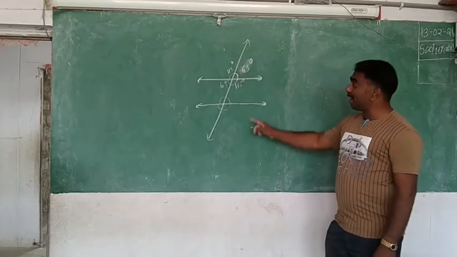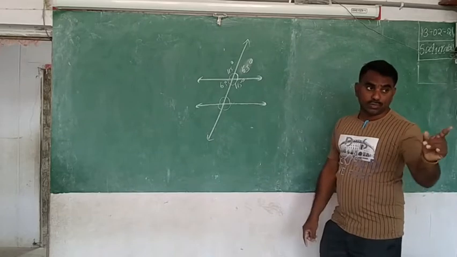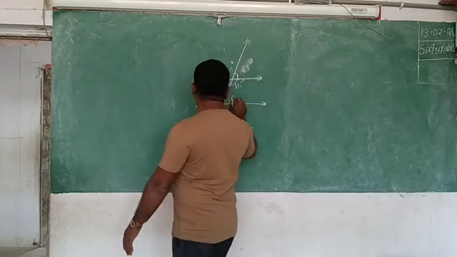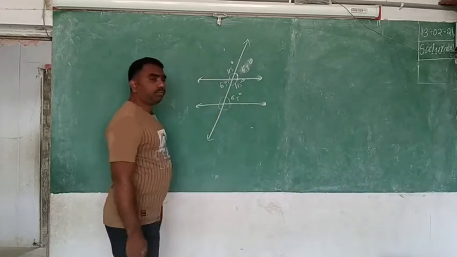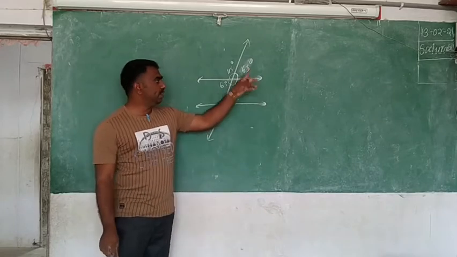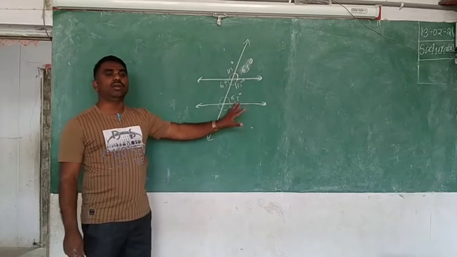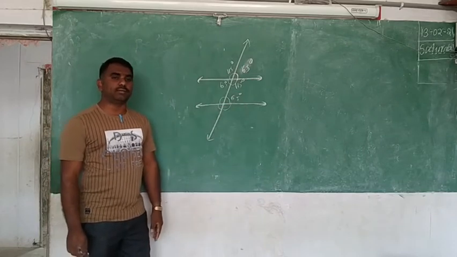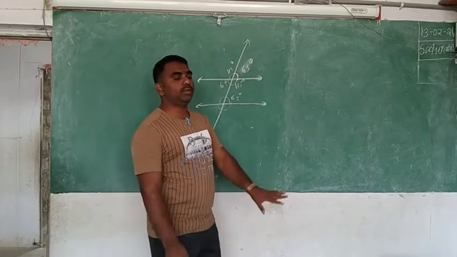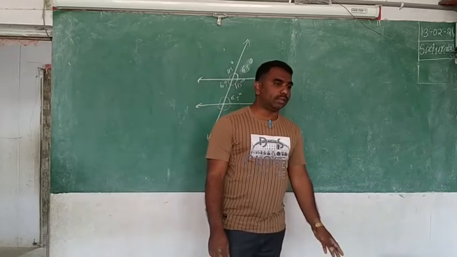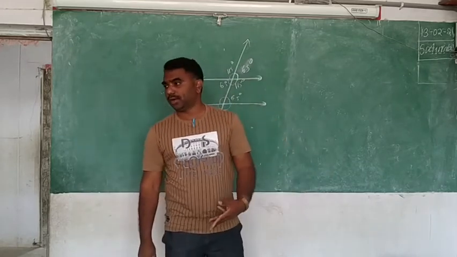When these are parallel lines, compulsory you will get here also 65. If you get here 80, here also 80. If you get here 75, here also 75. Compulsory. Maybe if you make a mistake, maybe you will not get it. Maybe if you draw non-parallel lines, maybe you will not get it.